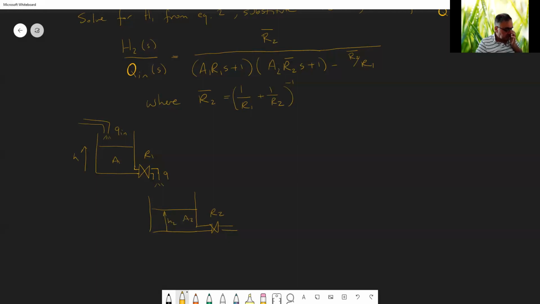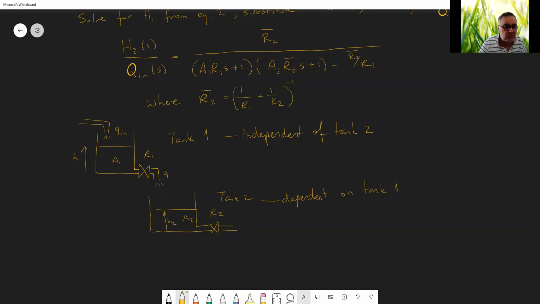Now there is a difference here in these tanks. In the first one, the height in the second one does not influence the first one. You see, this is tank 1. This is tank 2. Tank 1 is independent of tank 2, whereas this one is dependent on tank 1, I'm sorry.